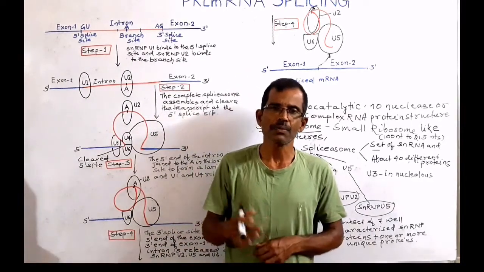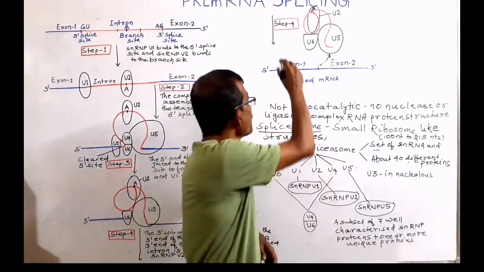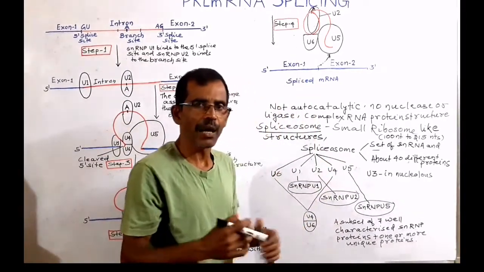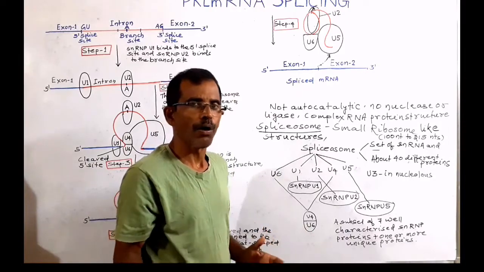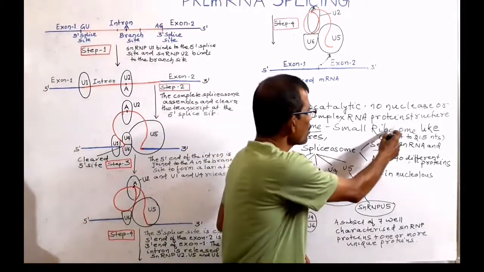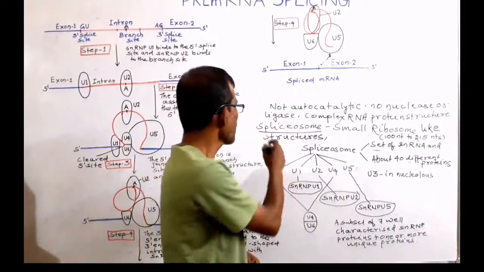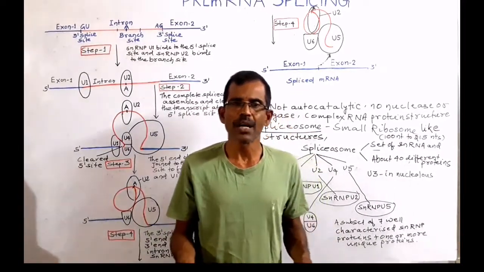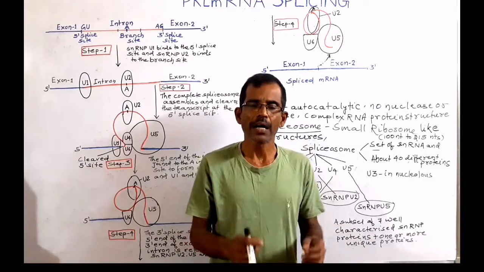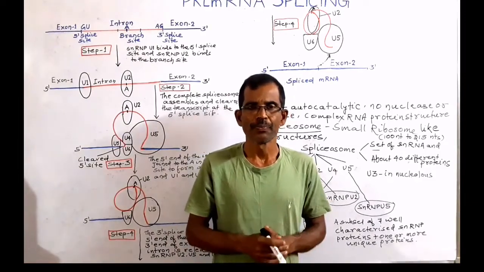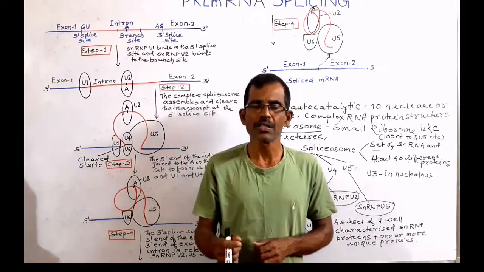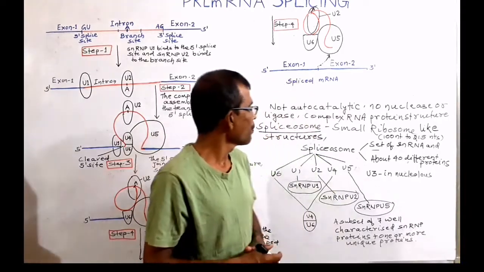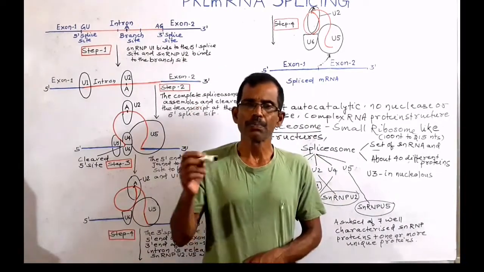The process of splicing of pre-mRNA is carried out with the help of RNA protein complexes known as spliceosomes. So spliceosomes are the complex RNA protein structures that carry out the process of splicing of pre-mRNA.